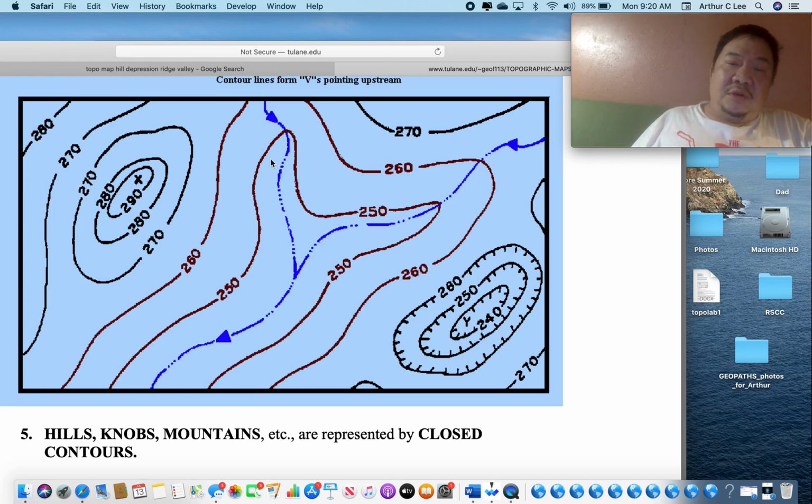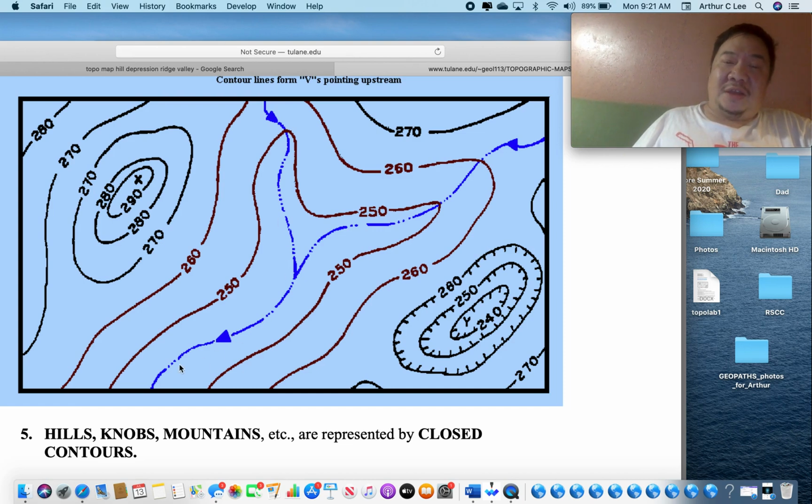Now, here you see a bunch of U's. You see a bunch of U's here and here, and there'd be another one right off the map here. Well, when you see U's like this, and they're pointing to the higher elevations, notice this U is at 250, this is 260, the U is pointing to higher elevations. That means you're looking at a valley. So this is a valley, and this is a valley.